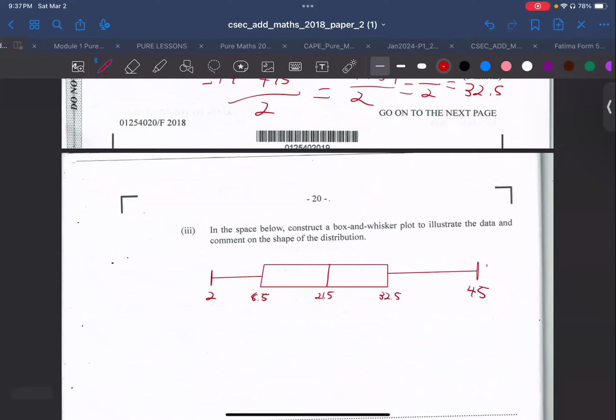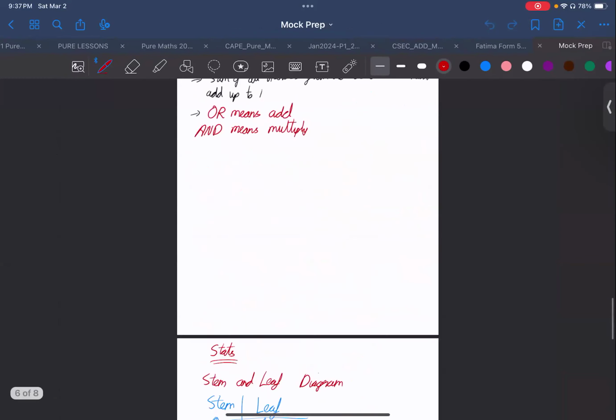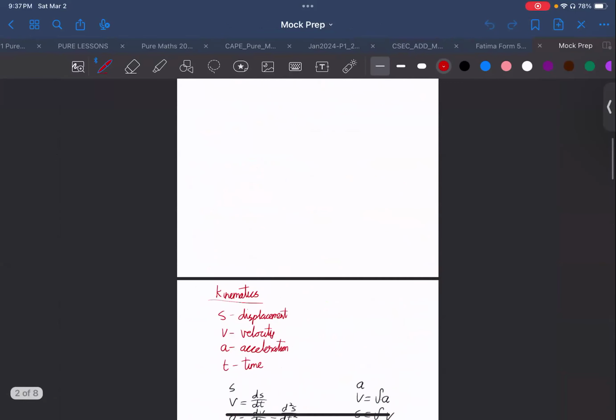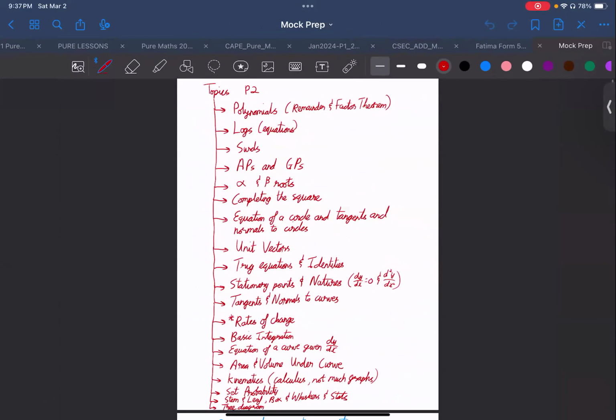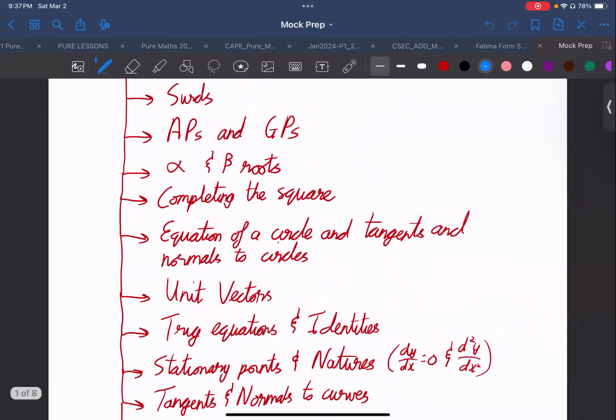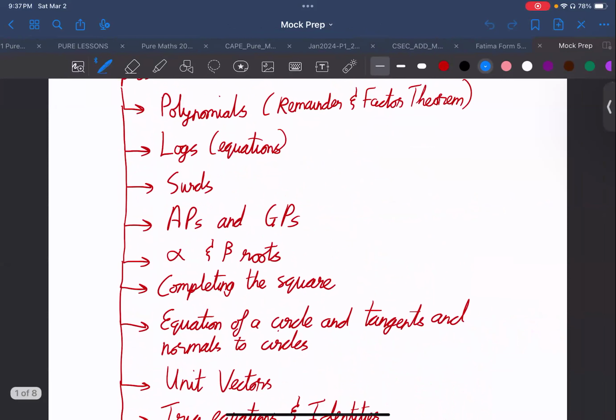Let me tell you all where I think you should review, especially things that you won't necessarily remember. I think everybody can do polynomials. The log equations is either you have it or you don't.